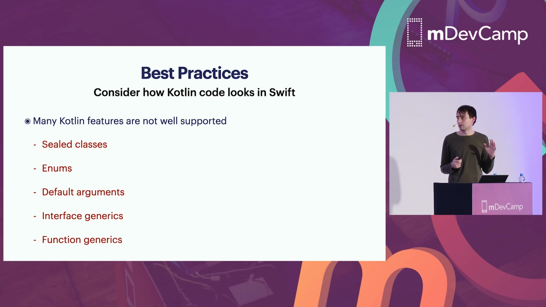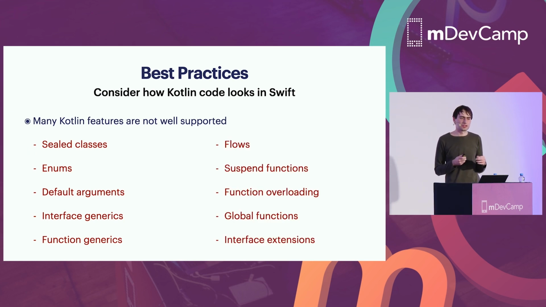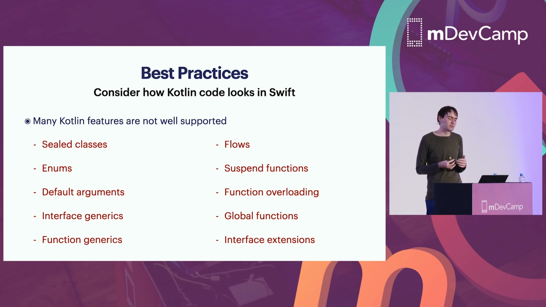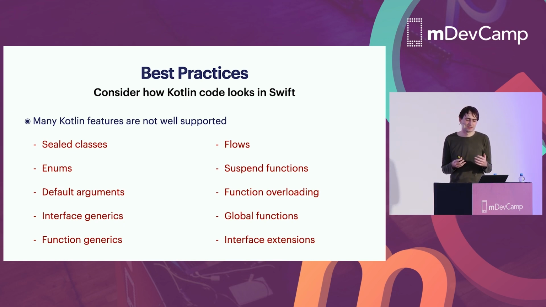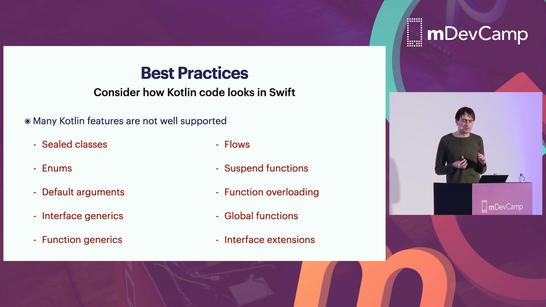We have some generics for classes at least. And there are more issues like that, for example, flows. They are not really easily callable from Swift because they have async sequences. Suspend functions, well, they technically work, but you usually end up with issues with cancellation and stuff like that. And so on. This is not even an exhaustive list of all the issues.